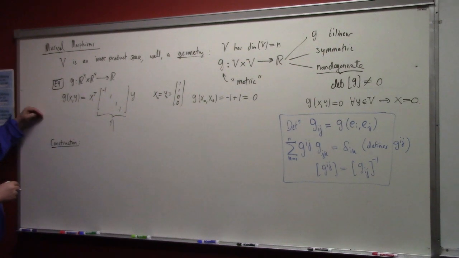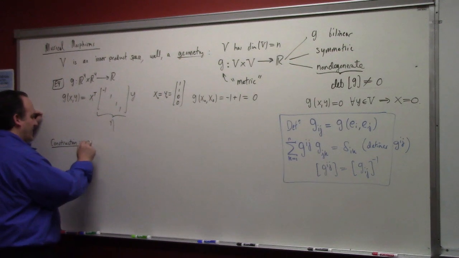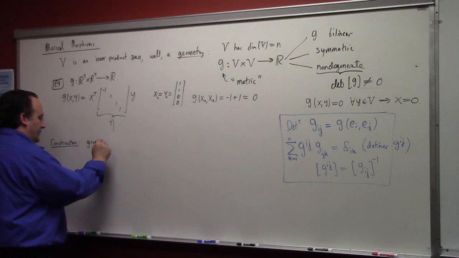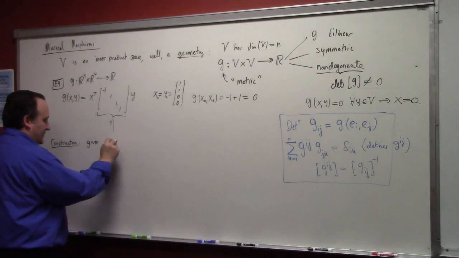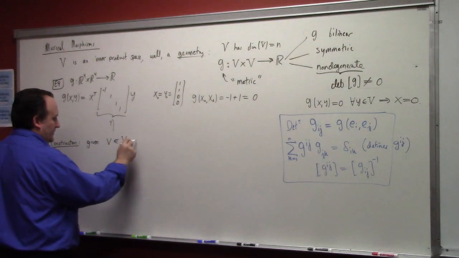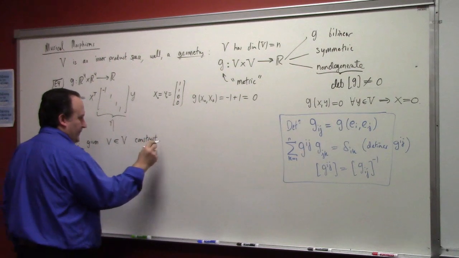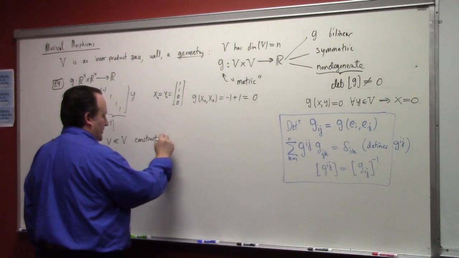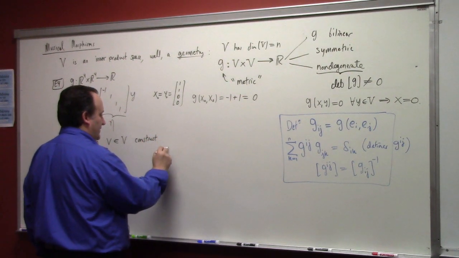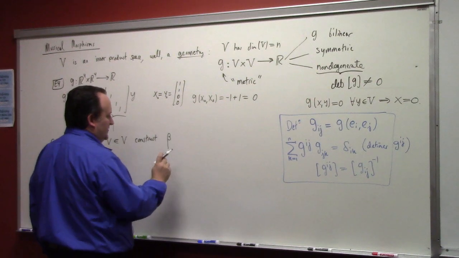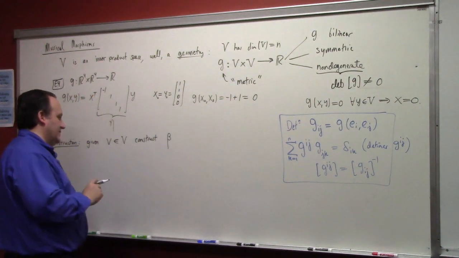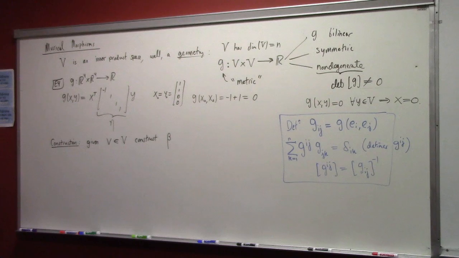All right, so construction. I want to show you, given, let's say, v in V, we construct, I want to say flat. Man, how do you make the flat symbol? How do you draw the musical flat?